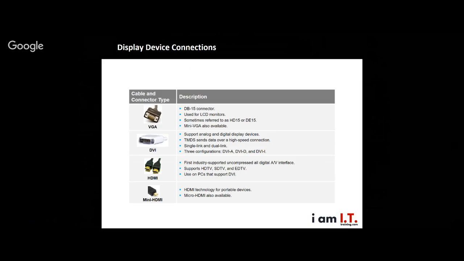DVI-D is digital only, and it requires a video adapter if you are going to be using the digital interface, okay? However, DVI-I supports the best of both worlds. It can read and transmit both digital and analog format data transmissions. So it can accept either digital or analog, and you can use these anywhere you have a DVI port.